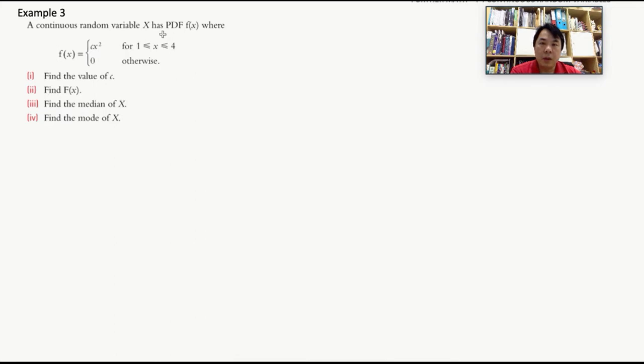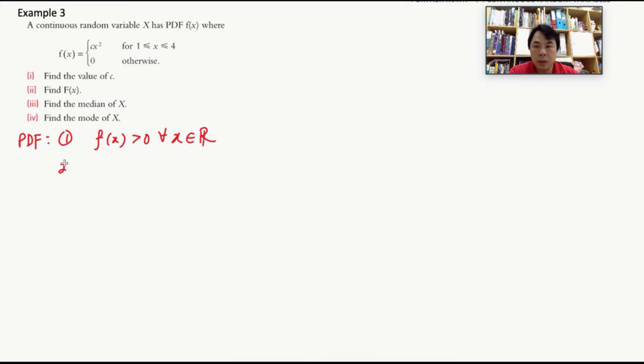Now, just to recap, any function is known as a PDF if it satisfies the following properties. For any PDF, it must satisfy these two main properties. The first one being the function must be greater than or equal to 0 for all x that are real numbers.